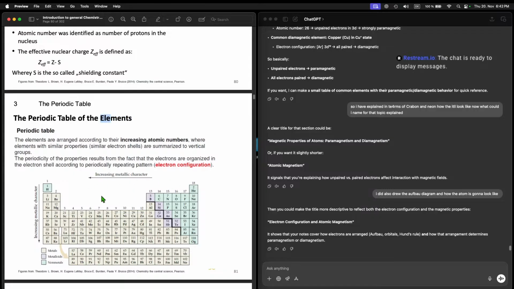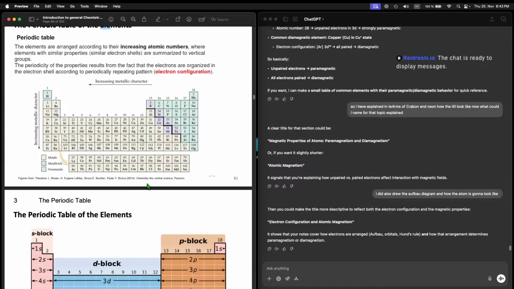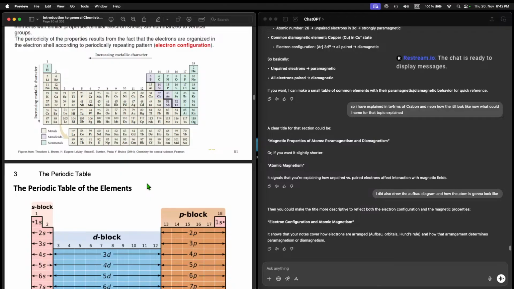If we're talking metallic character, paramagnetism that I discussed yesterday could be a factor. I set a timer for 30 minutes. Okay.